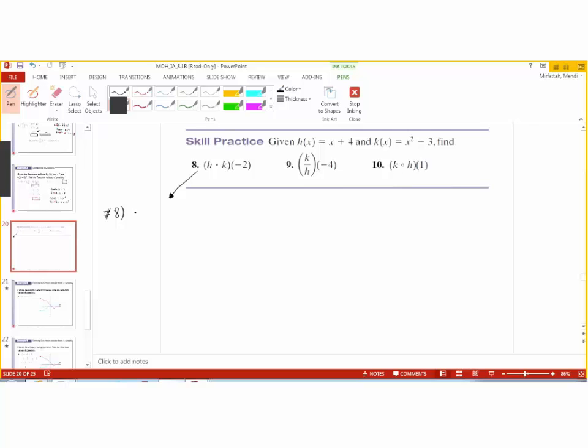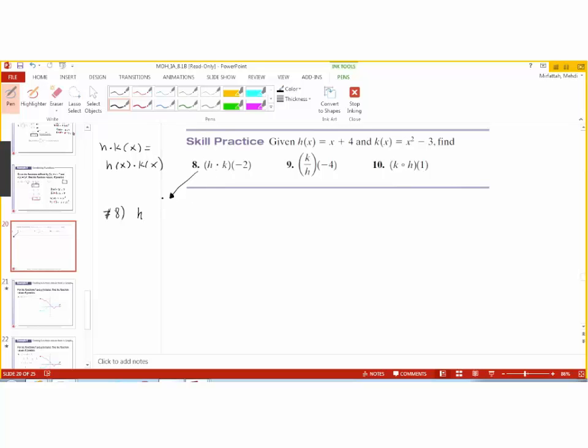You have h times k. So your h is, so you plug your 2 for x plus 4. Okay, wait a minute. You want to replace this. Remember, if I have h times k of x, we replace it with h of x times k of x, right?